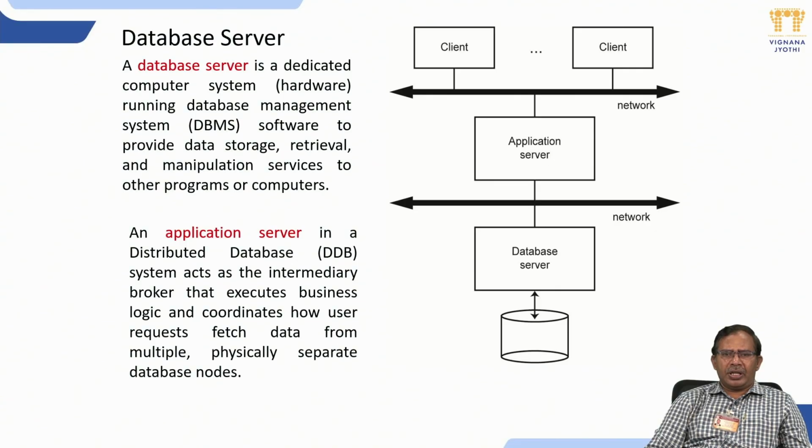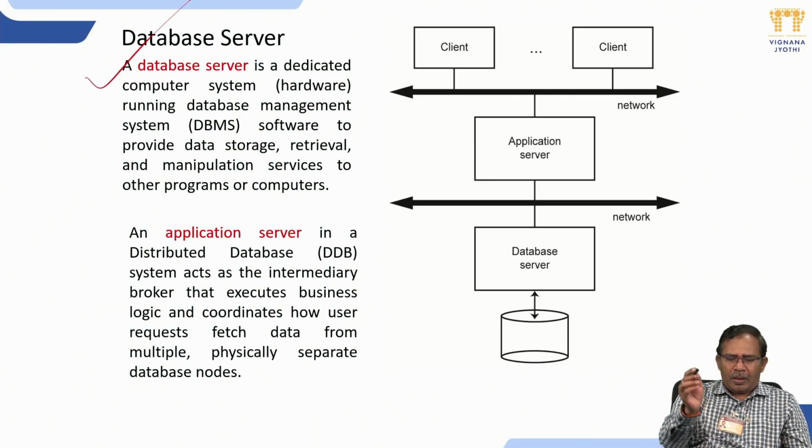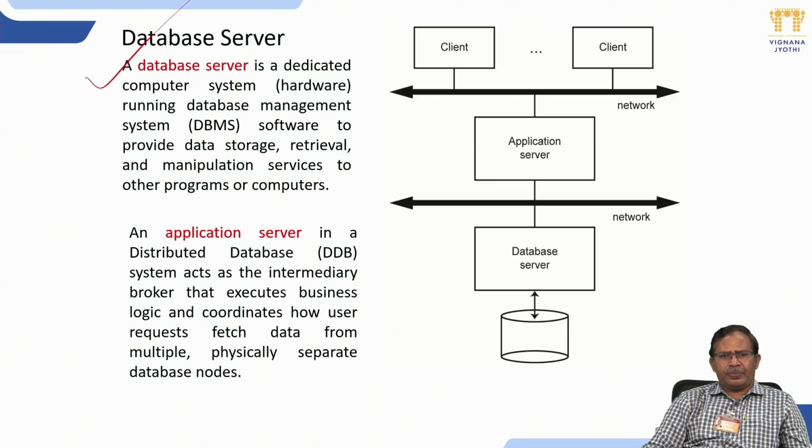The database server is a dedicated computer system, in terms of hardware, running DBMS software to provide data storage, data retrieval, and manipulation of the data required as per the query submission to other programs and computers. So it does the storage, retrieves the data required, and manipulates the data as per query execution.